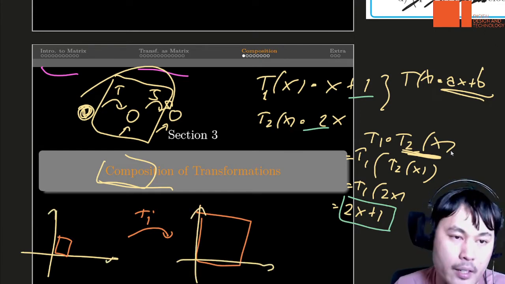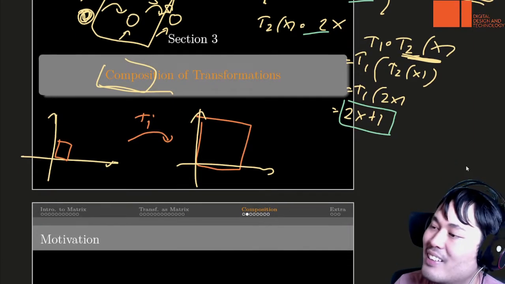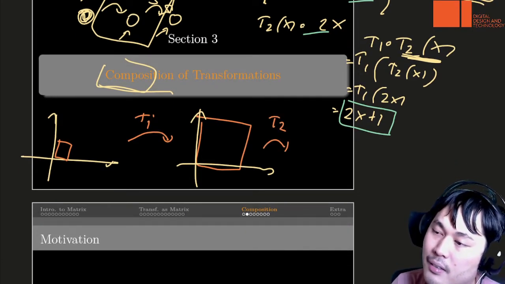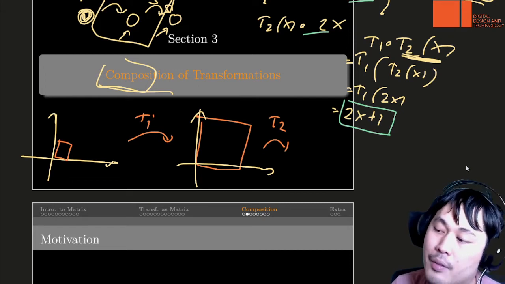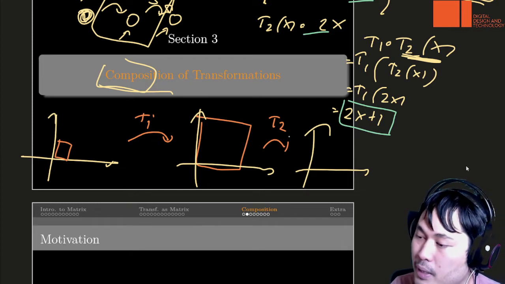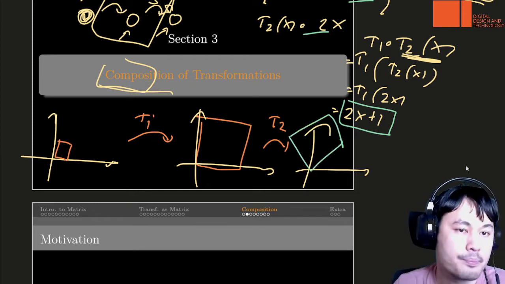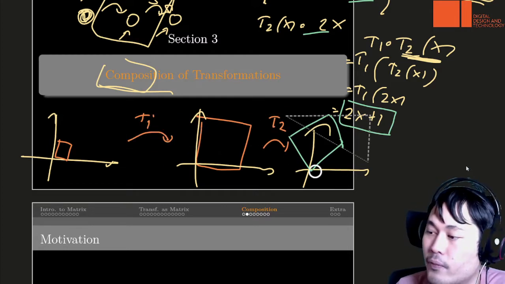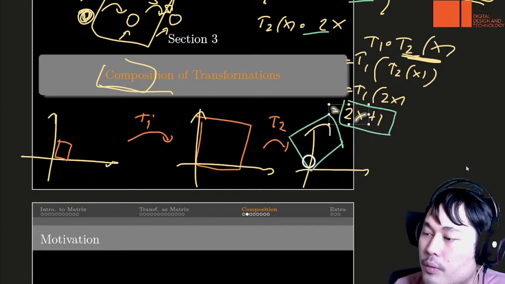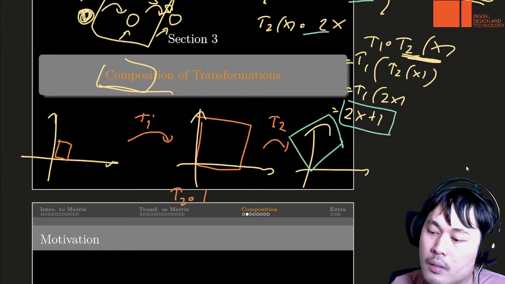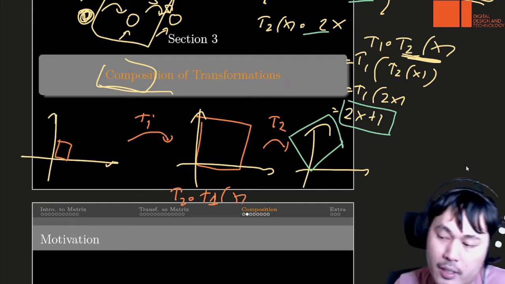Then we have a square that is 2 times that large. And then what if we rotate that by, let's say, 45 degrees counterclockwise? Then the result would be something like that. So you scale and then rotate, and here we get the result of the composition of these 2 transformations. We just do it one after another, and we get a new one.